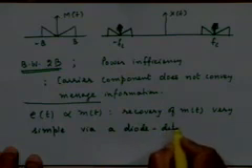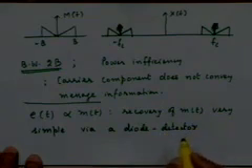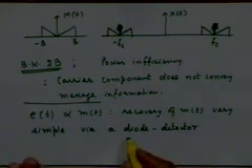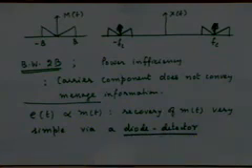You will soon see that it is such a simple device, has exactly 3 very cheap components in it, and can effect demodulation. Whereas that earlier demodulator required a multiplier, an analog multiplier, and a low pass filter. A low pass filter will be required here also, but there you also require a complex carrier recovery circuit, which we didn't even show in that block diagram because that's fairly complex.